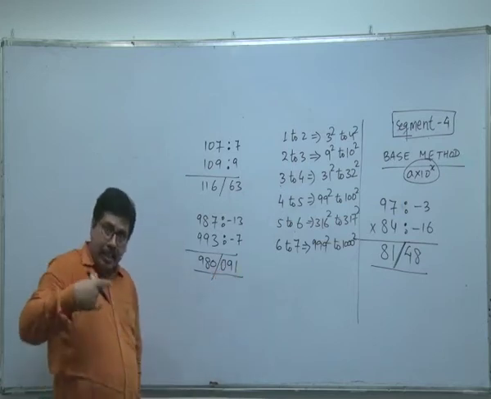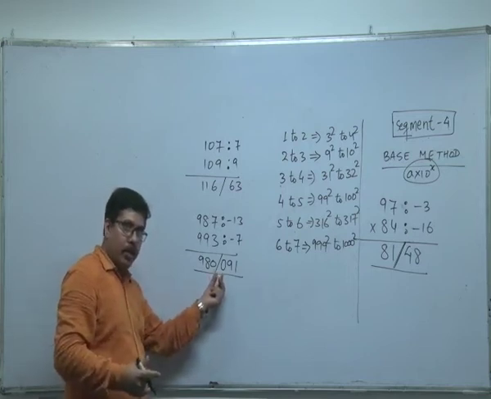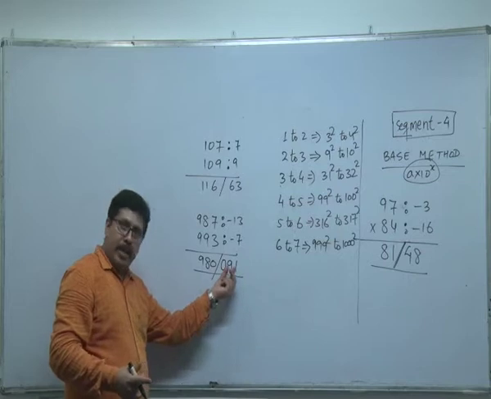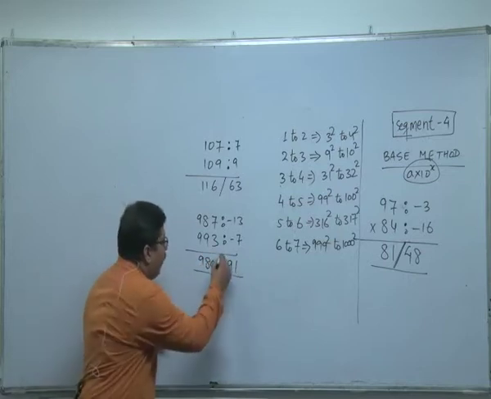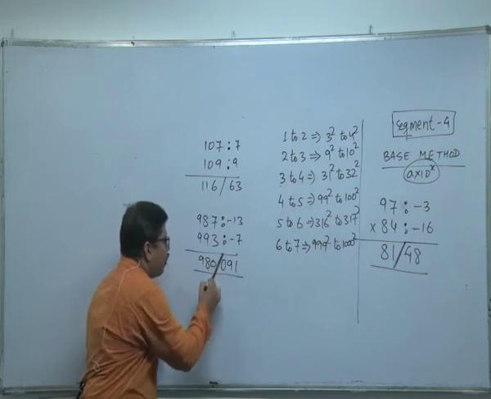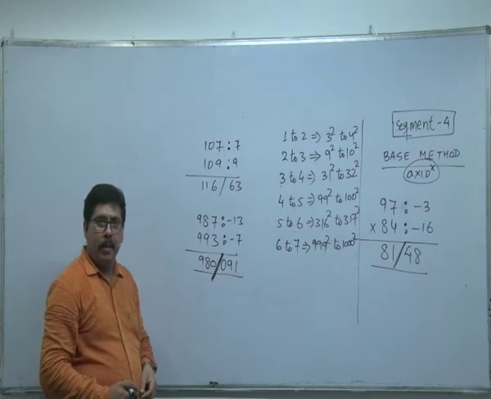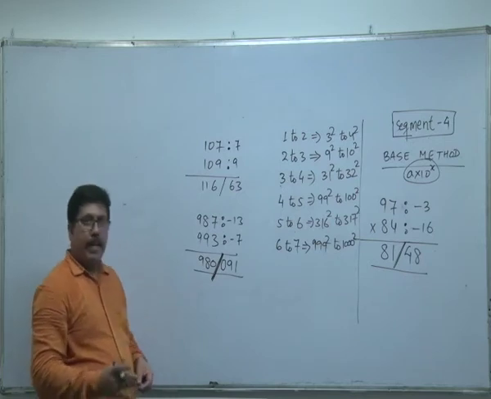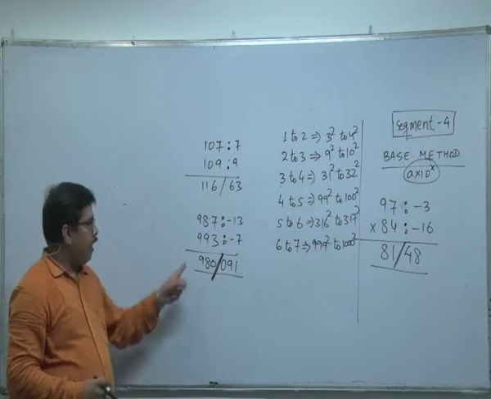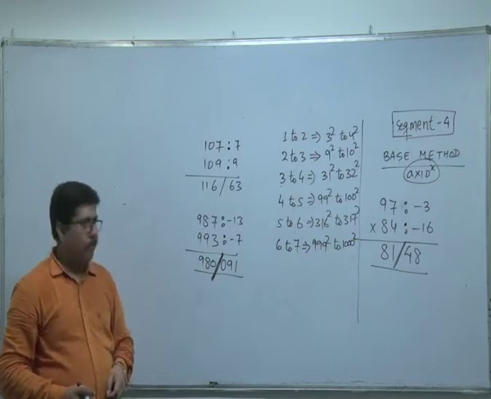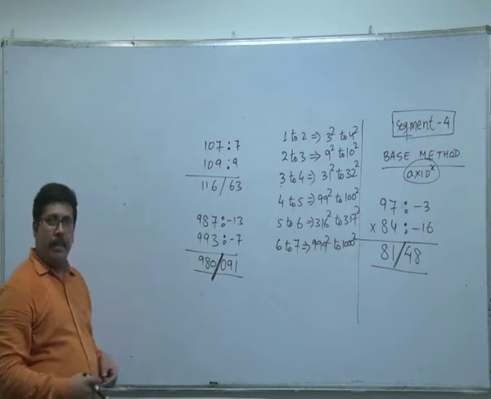If you want to increase the digits, then you are supposed to add 0 before the number appearing at the right hand side of the slash. So after the slash we have 91, so you can place 0 before 91 so that we can get the required number of digits. 980091. Right?